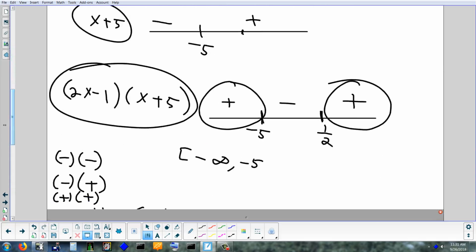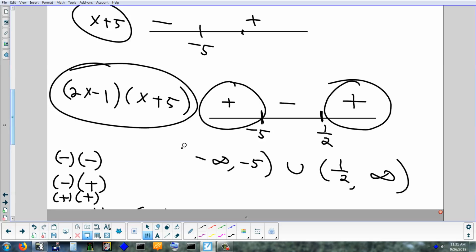So I can't equal 0. The problem asked me to be greater than 0. So you can pick any number in the left section or any number in the right section. So from 1/2, again, you can't equal 1/2 because that would make it exactly 0. They said greater than 0.